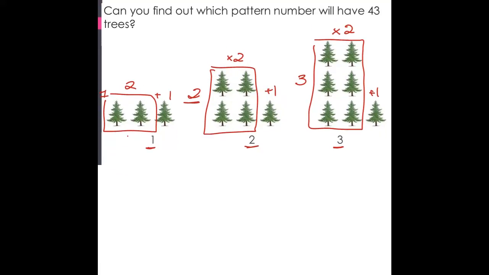So if I have 43 trees total, and I see a pattern here, what's the algebraic expression for my pattern? So I say if I had figure n, how would I figure out how many trees there were?